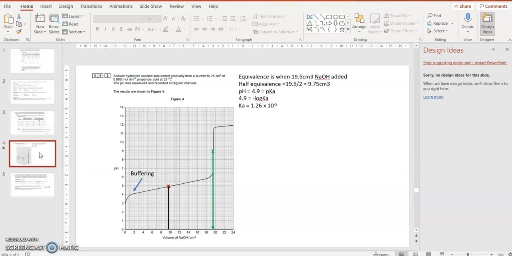But what's actually happening is the sodium hydroxide is reacting with the propanoic acid and making a salt, probably in this case something like sodium propanoate. And when I've got the sodium hydroxide making the salt with the weak acid, I start to get a buffer. So that's at around 1 to 2 centimetre cubed of sodium hydroxide added in, I'm starting to make the salt.